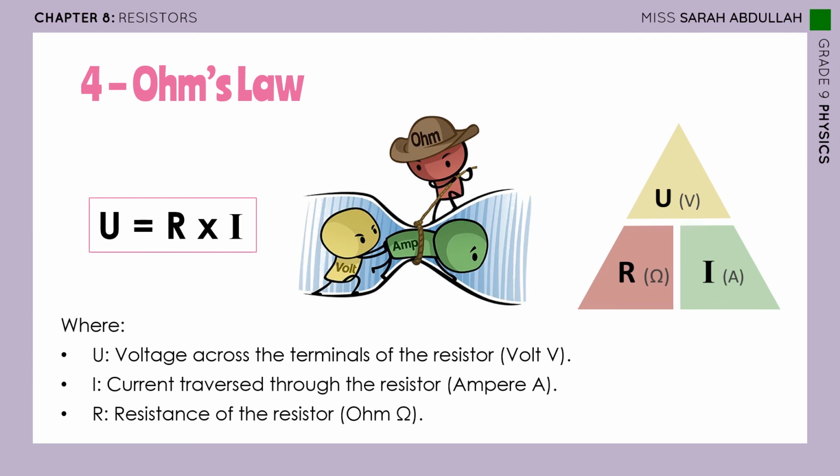From this triangle, I can get three formulas. It depends whether I'm trying to find the voltage, the resistance, or the current. Now remember, these are the units that must be used. Usually the current will be given in milliamperes, so we must convert it to amperes to use this formula.